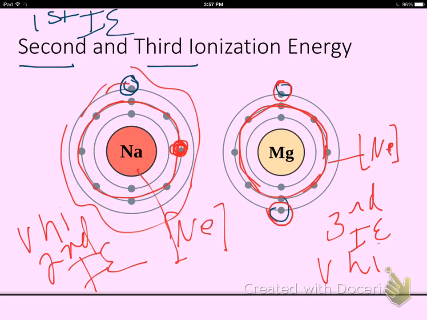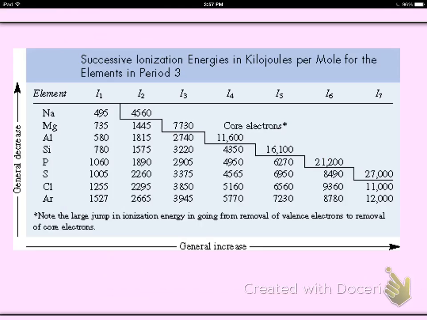Okay. So let's see if you understand it with a couple of examples. I am looking at period 3. The first element is sodium. First ionization energy, 495 kilojoules.